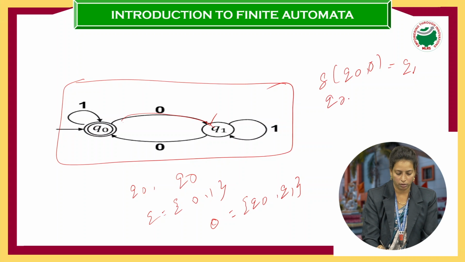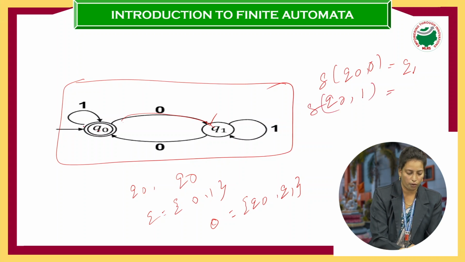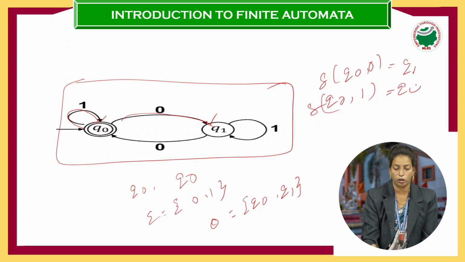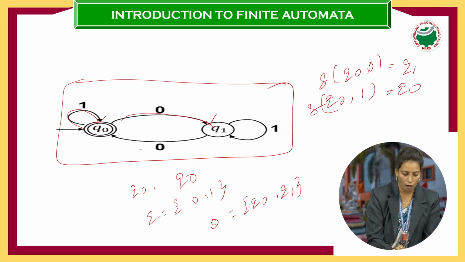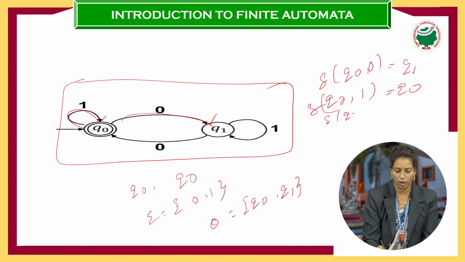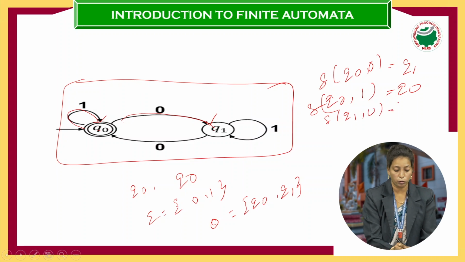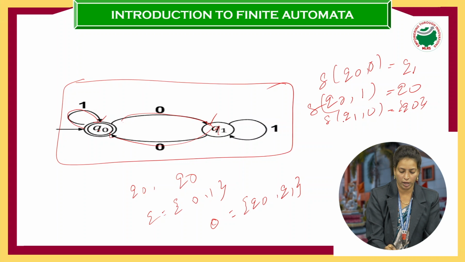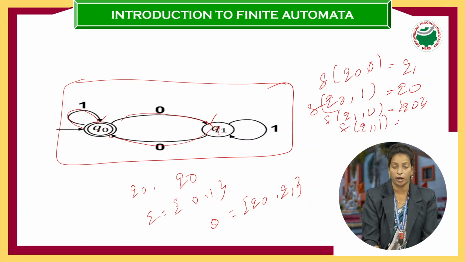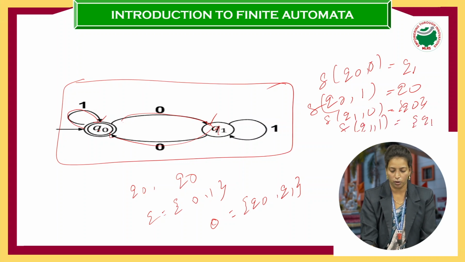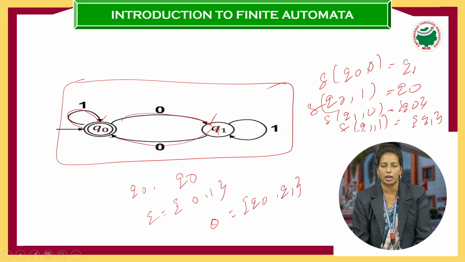Q naught of 1 moves to Q naught only. Next, Q1 of 0 moves to Q naught. Next, Q1 of 1 moves to Q1 only. This is the sample representation of a DFA.